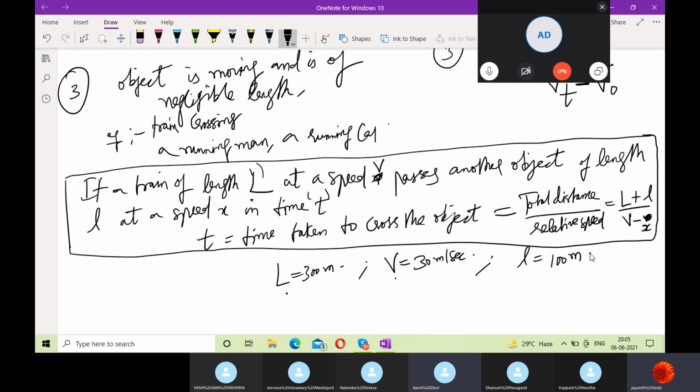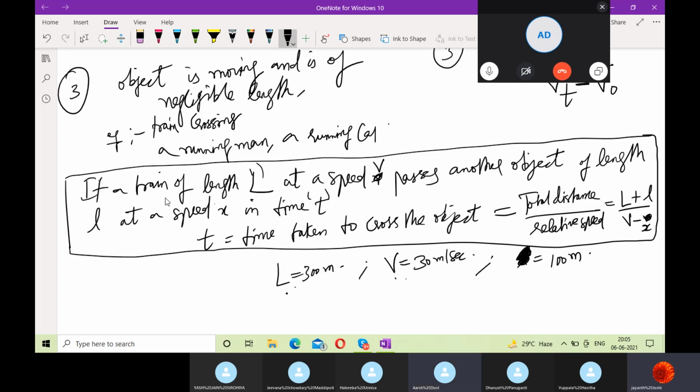Okay, at a speed x in time t, we will not say platform, let us say this one as, we can take this length of the train, speed of the train, and just a second, we can take object which is not stationary. Let's take a train crosses a running train.